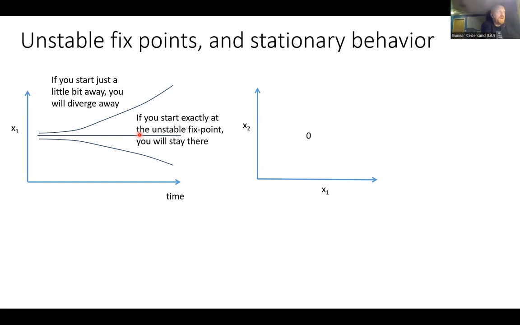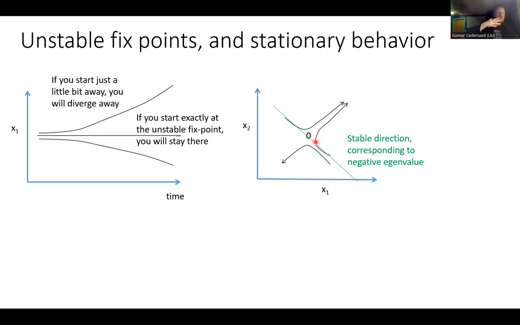So if we again look in the phase plot, where we have x1 and x2 on the two axes, then no matter where we start, we might be contracting in certain directions. Those will correspond to the eigenvectors which have a negative eigenvalue.